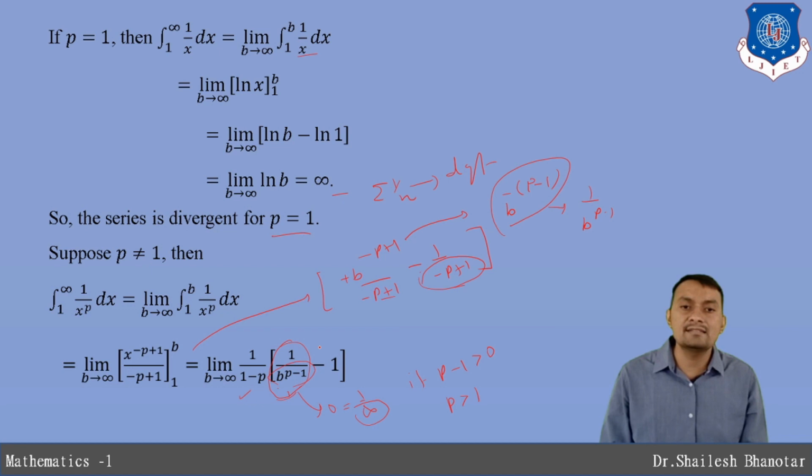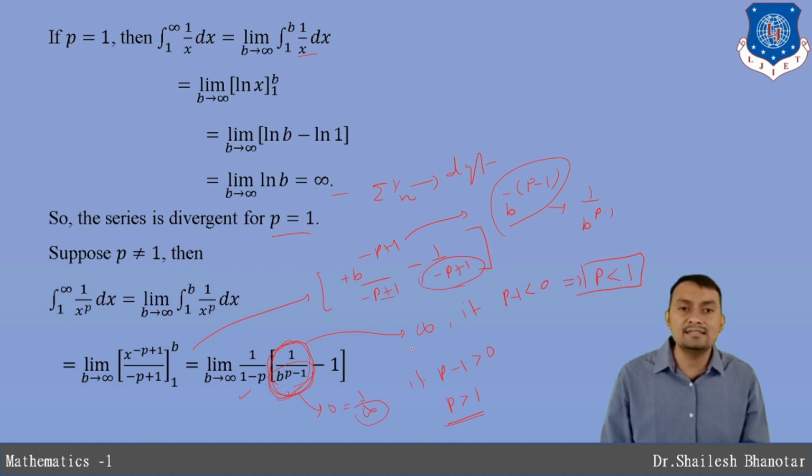So the conclusion says this is going to be a finite quantity if p is greater than 1. Otherwise, for the integral to diverge, this quantity must be infinite in the numerator, and it is possible only if p minus 1 is less than 0, which means p is less than 1.